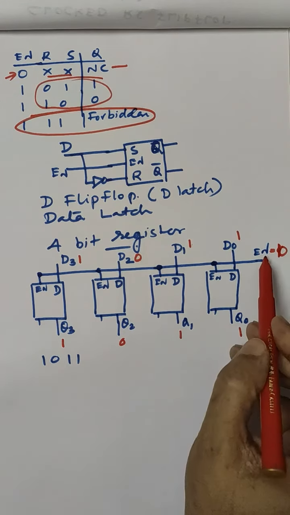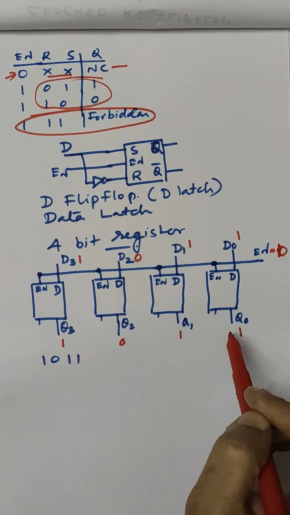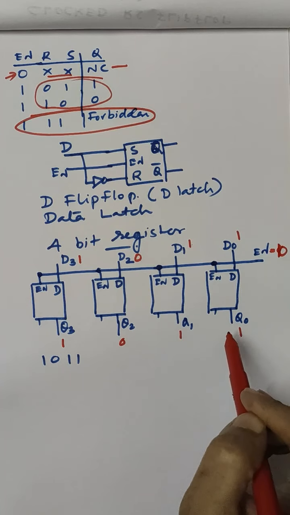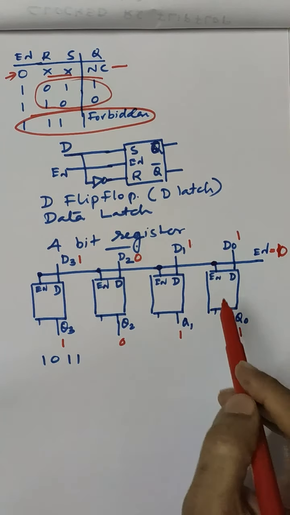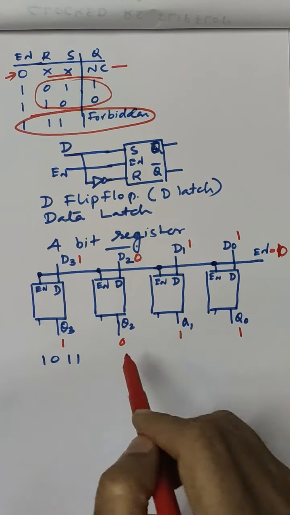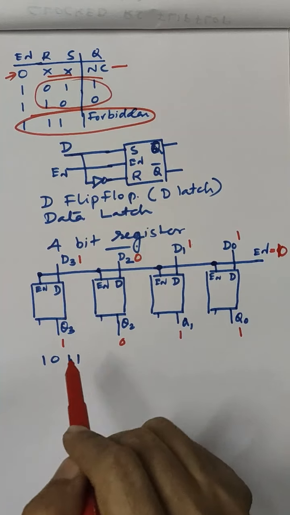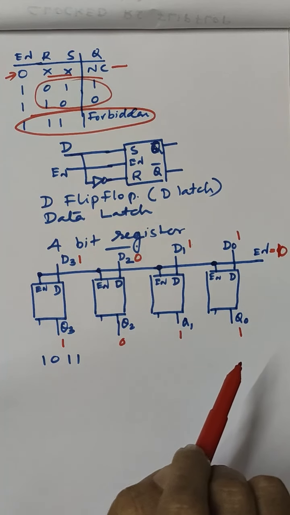Because when enable is equal to 0, the output will be kept constant, irrespective of the inputs. So we can say that this is in the memory state. Now this register is storing the data 1011 in its memory.